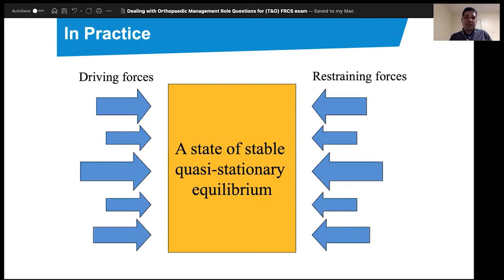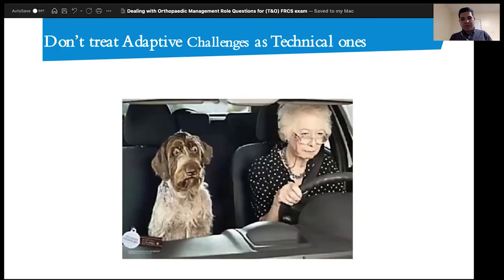They don't see anything bad in the unit. They think it's been running very well for years. Why are we going to change now? So you have a state of equilibrium between the two forces. You see something wrong, but the others think everything is fantastic, so no need for a change.